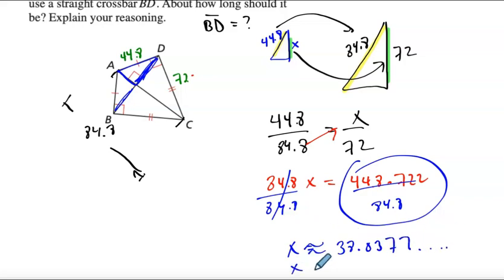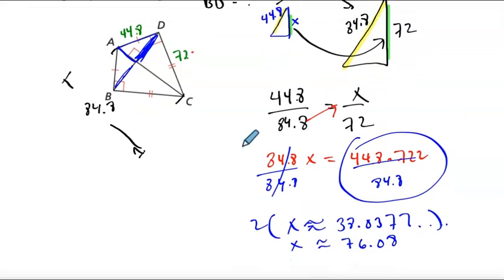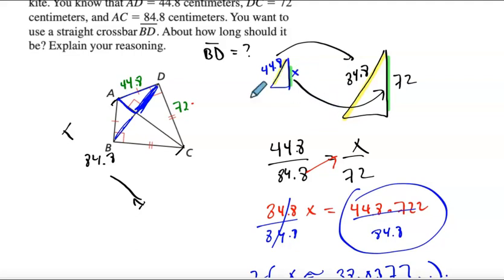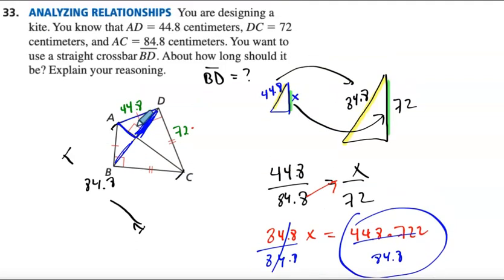Then I multiply that by 2, because that's just half of it, and I get about 76.08 if I round to the hundredths, or 76.1 if I round to the tenths. So again, you could do this with a ratio. You could try using one of your theorems, but I thought the ratio was easier on this one.